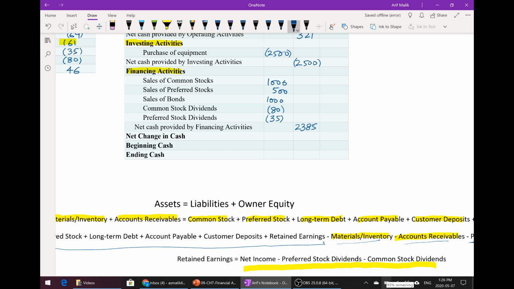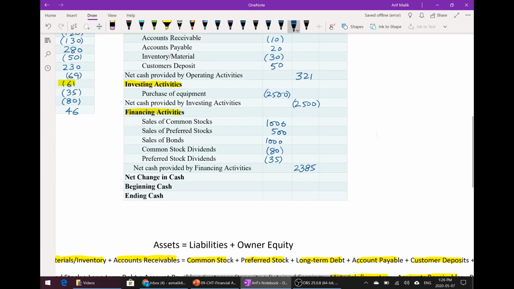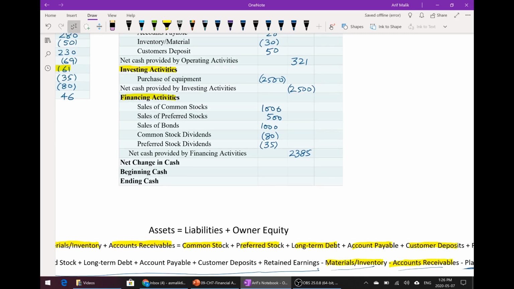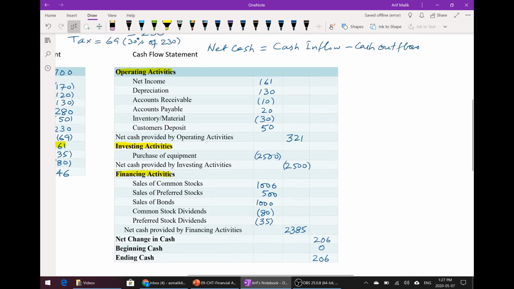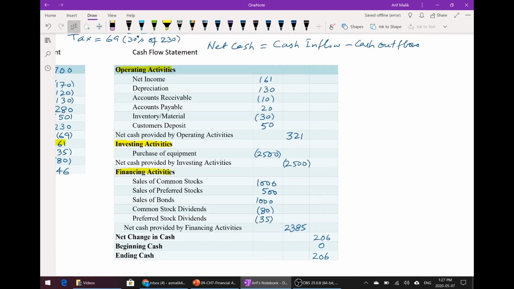The net change in cash is then, if we add the second column here, 206. Beginning cash is 0, assume it is 0, then the ending cash will be 206, and that's how they report in the cash flow statement by the indirect method.